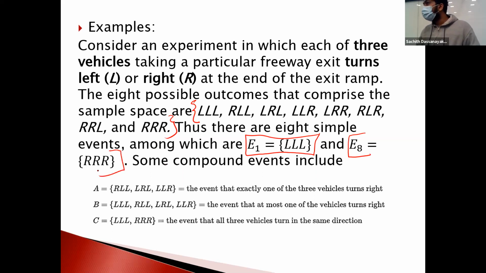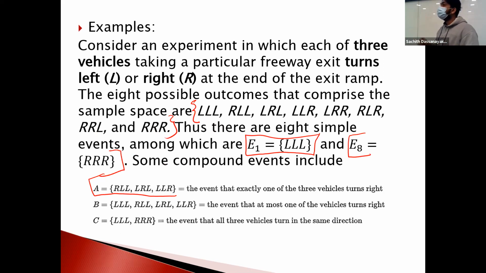This we call a simple event. But if we need a compound event like this, capital A, one vehicle turns right and the others turn left, which means exactly one vehicle turns right, the others turn left.